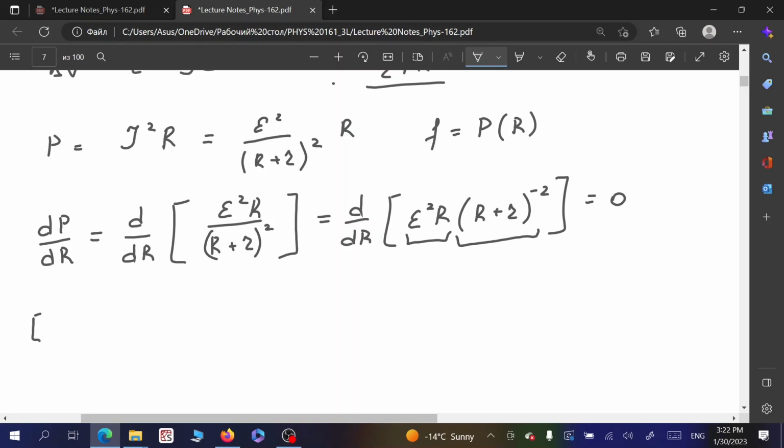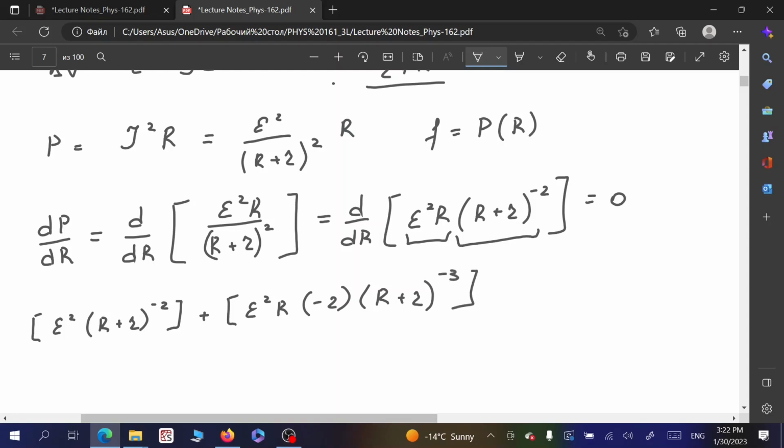Here we have epsilon square times (capital R plus R) in minus second power, and then we have plus epsilon square R times minus 2 times (capital R plus R) in minus third power. And that we set to 0.